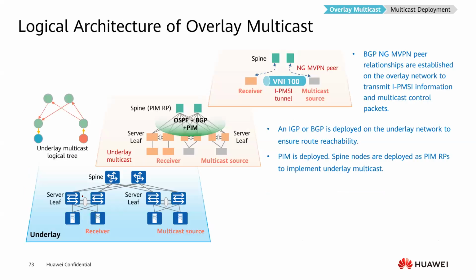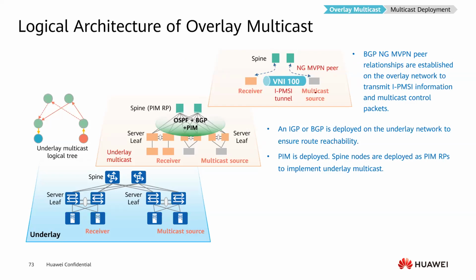And now let's look at the logical architecture of the overlay multicast. Maybe we can see the architecture from the top of the layout. First, it is the logical overlay. You will find that the NG MVPN peer relationships are established on the overlay network to transmit IP information and multicast control packets.